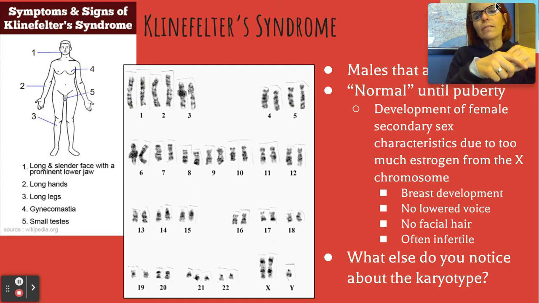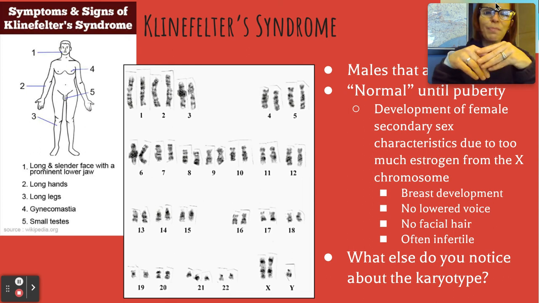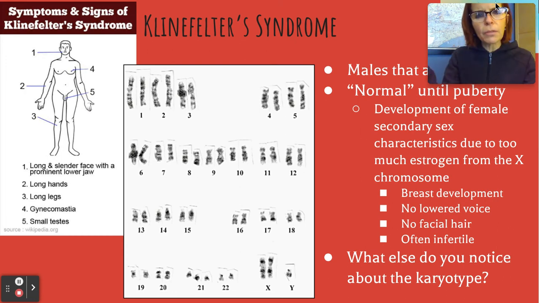However, it does release additional levels of estrogen for the male. So when these boys who are in every way normal hit puberty, they start to develop what are called secondary female sex characteristics. Now, that doesn't mean they become a girl at all. They feel like boys. Everything about them is boy.